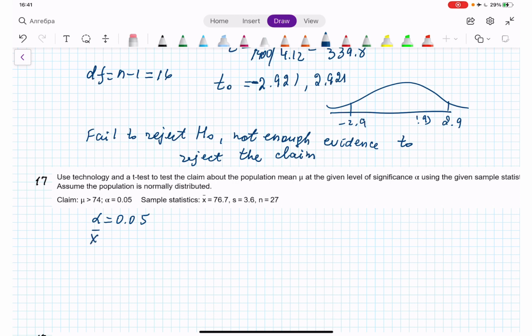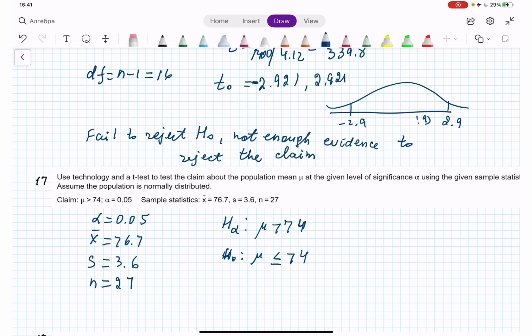X bar is 76.7, S is equal to 3.6, n is equal to 27. We are given alternative one: mu is greater than 74, which means we are dealing with a right tail, right? And the null hypothesis is going to be mu is less than or equal to 74.